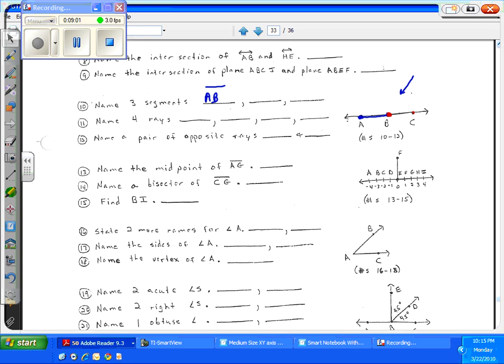Or we could say the part of line AB that contains point B and C and all the points in between. That would be segment BC. Or we could say the part of line AB that contains point A and C and all the points that lie on the line between those two. So we would have segment AC. Okay.